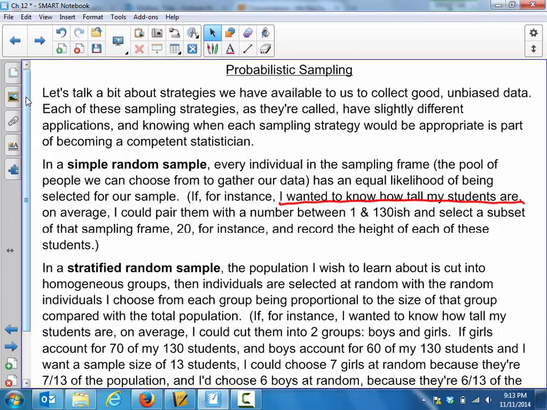I have more this year. I have more like 150 students at this point. So I identified the population and also the parameter that I care to learn about, how tall the students are, on average in this case. Okay? And I describe here the method through which I can select them at random.